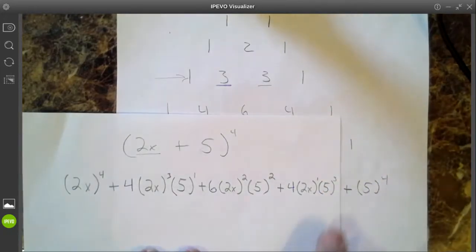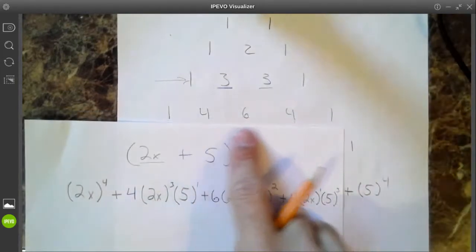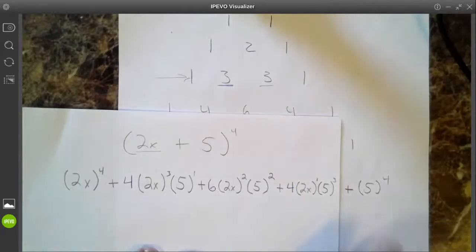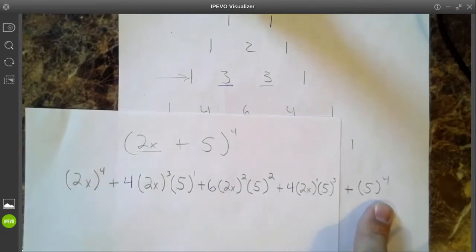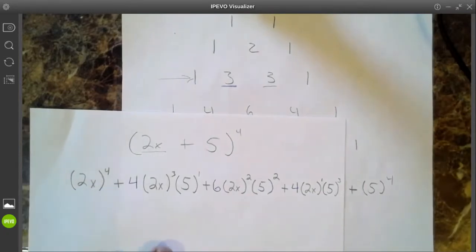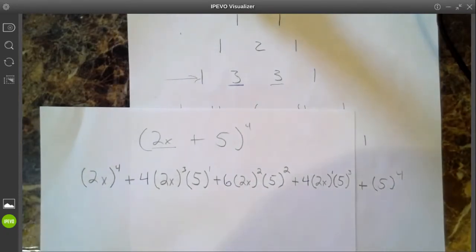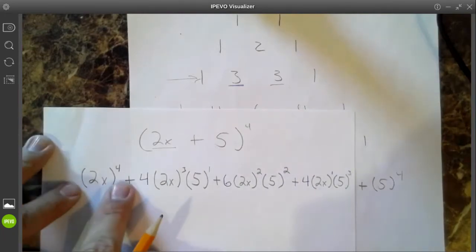Okay, so take a look at all your terms. The coefficients 1, 4, 6, 4, 1 match the row up here. But notice that all these exponents add up to 4 total. All right, last piece, we're going to simplify each of these terms. So 2x to the fourth.